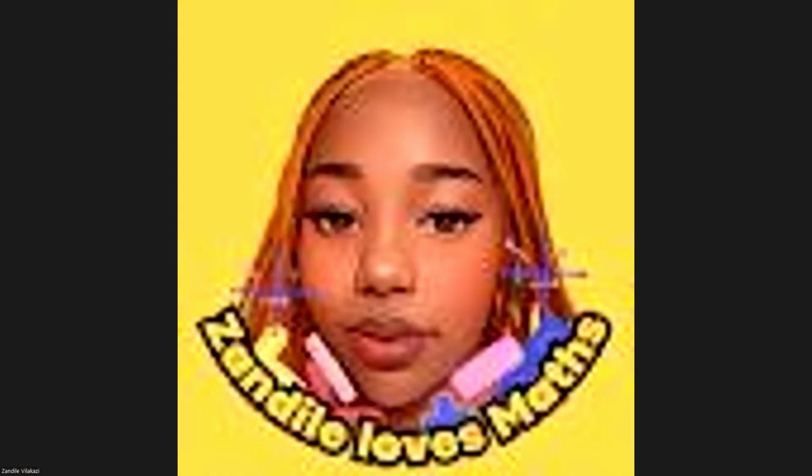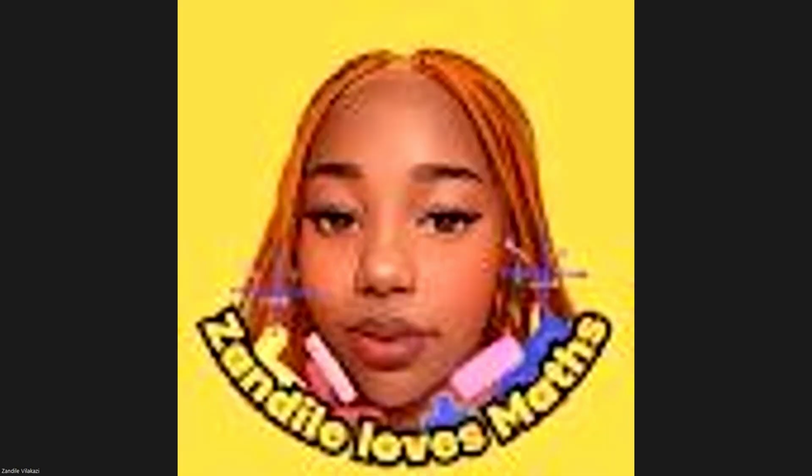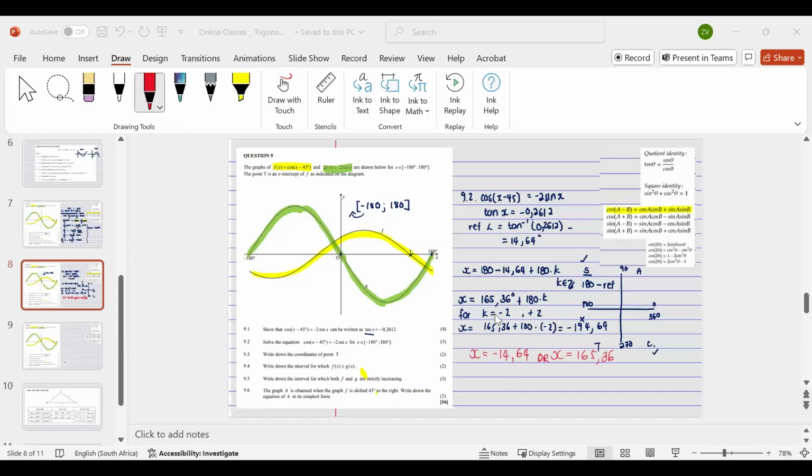Any question, guys? Ma'am, what if our reference angle is 0? Then what do we do? Okay, let me share again. If our reference angle is 0, you see here we said 180 minus 14.64, then that 14.64 is going to be replaced by 0.